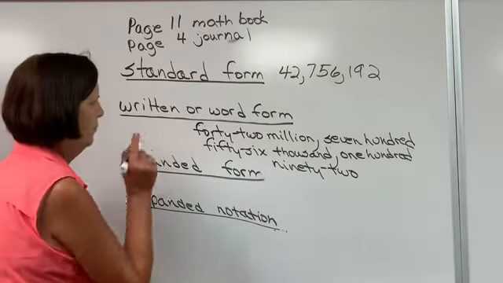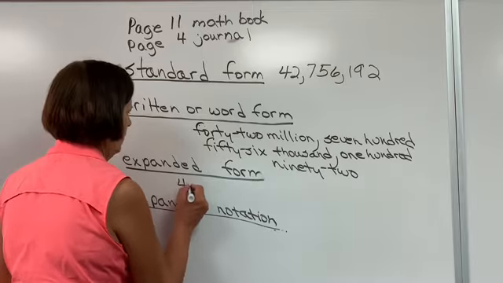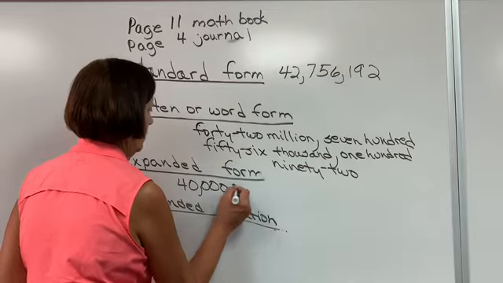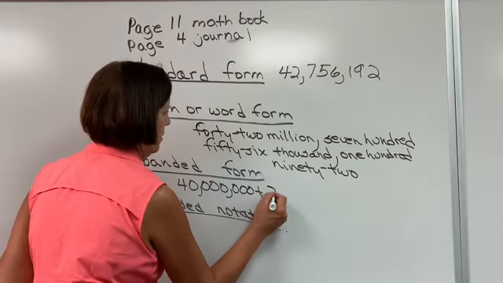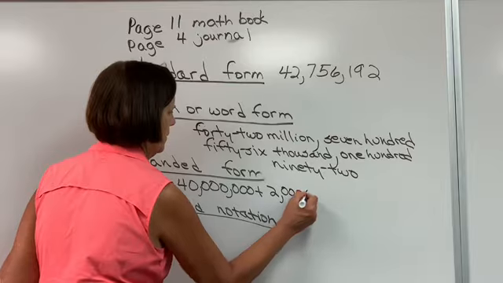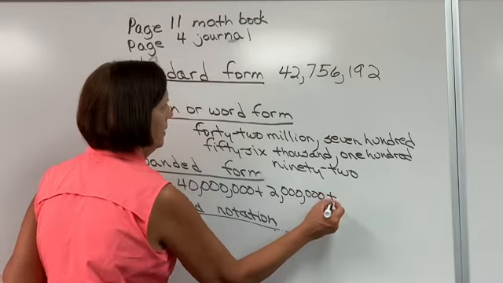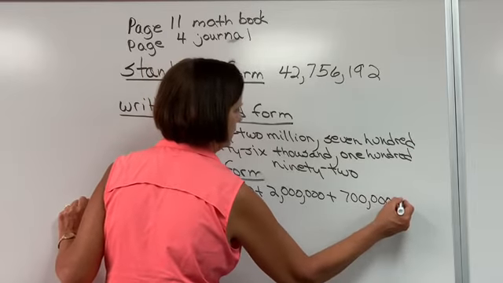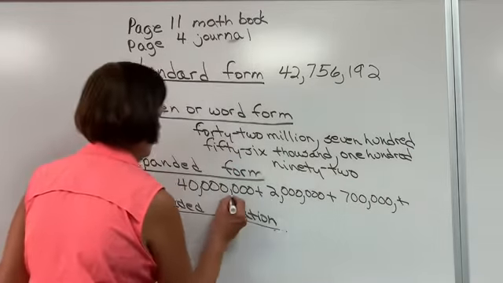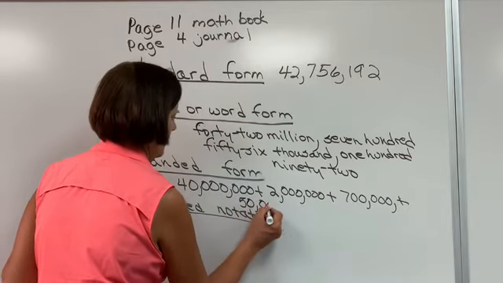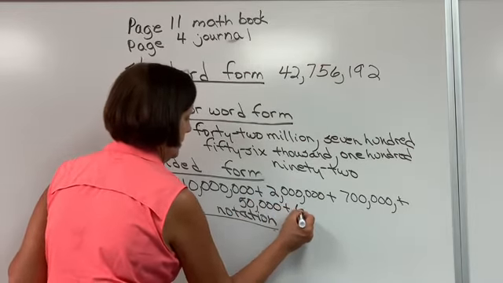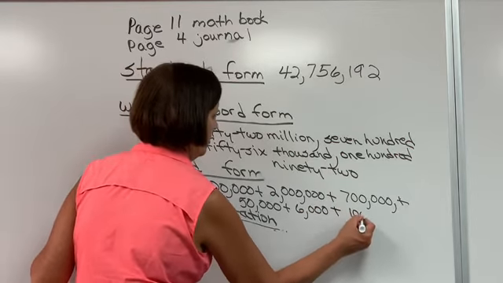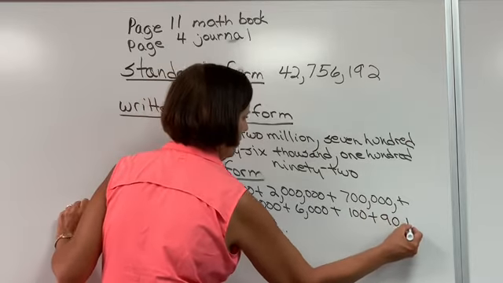My expanded form, one digit at a time. 40 million plus 2 million plus 700,000 plus 50,000 plus 6,000 plus 100 plus 90 plus 2.